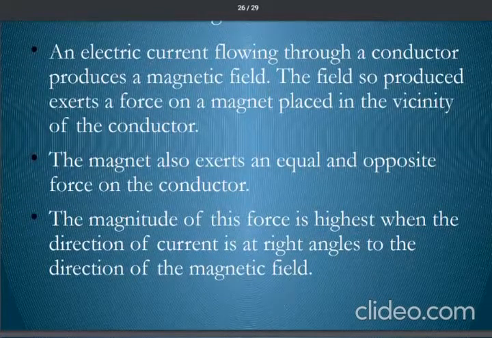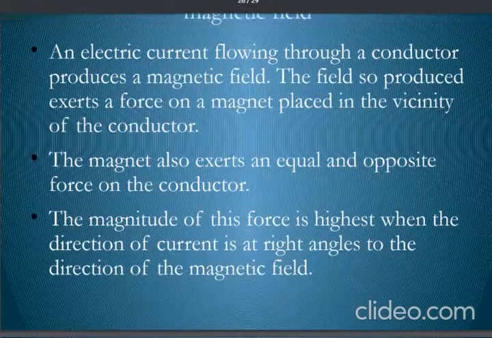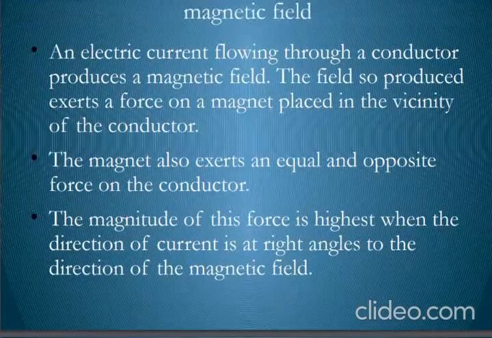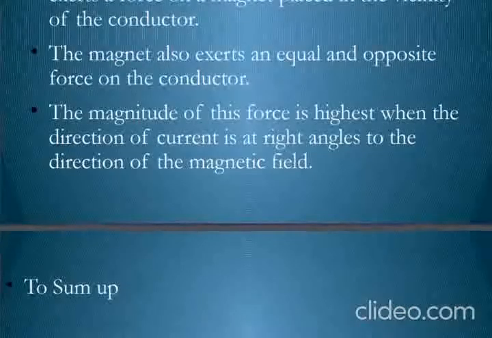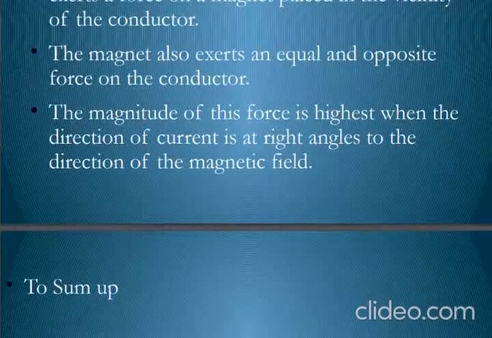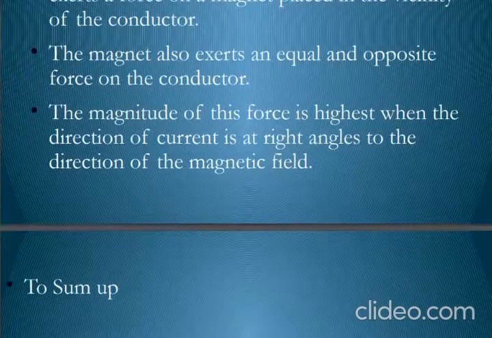That means this magnetic force depends on the orientation of the conductor with respect to the magnetic field, or you can say the direction of electric current and the direction of magnetic field. If current and magnetic field are both directed in the same direction, no force is experienced by the conductor.